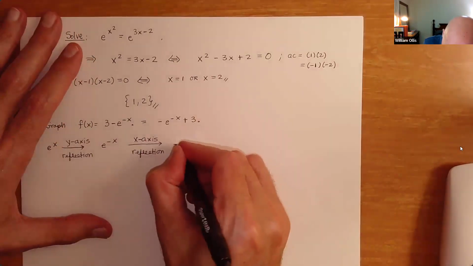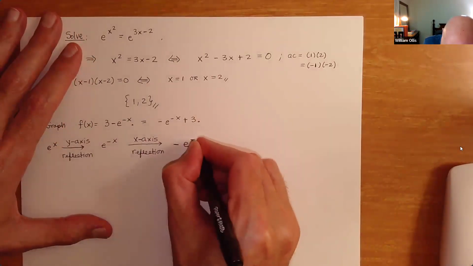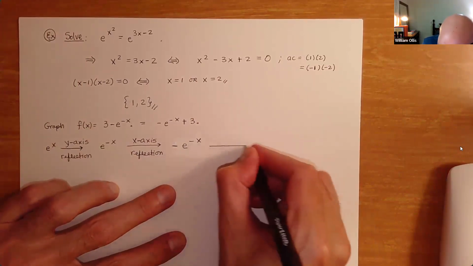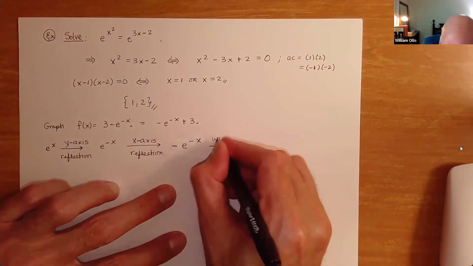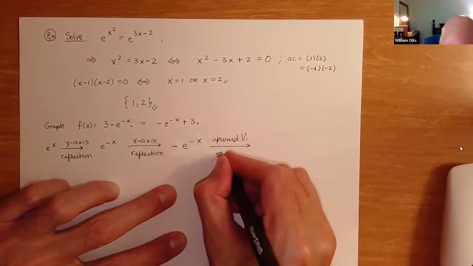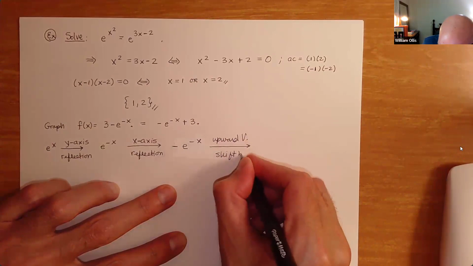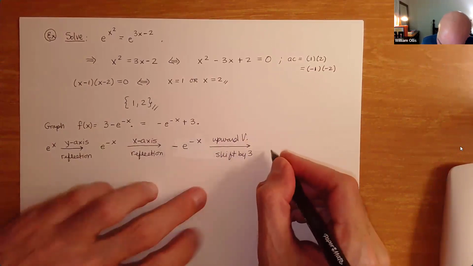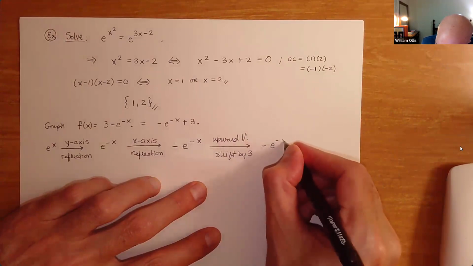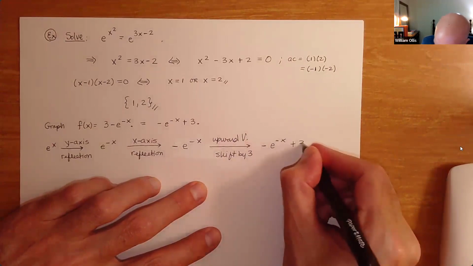So we have the negative e to the negative x. It'd be too hard to squeeze in. And now we have the upward vertical shift by 3. That looks a little better. So now we have the negative of e to the additive inverse of x, plus a 3.